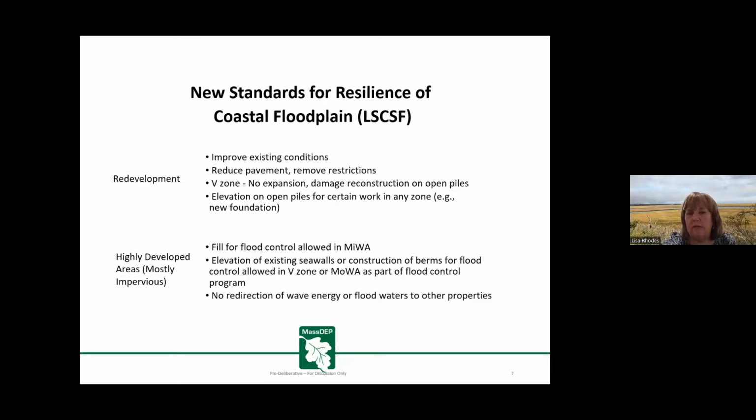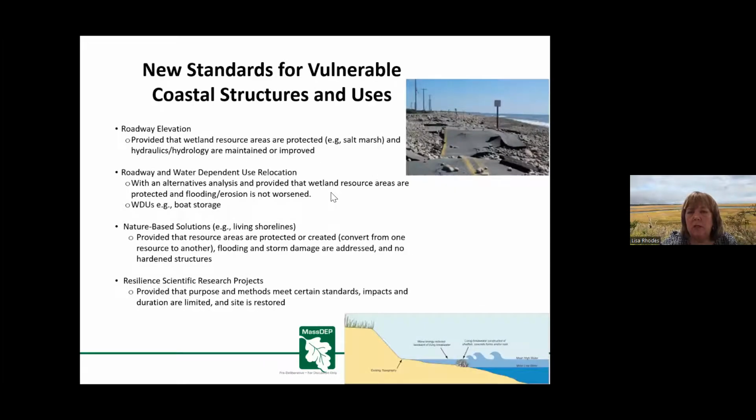That is provided throughout the regulations. And then finally, I just wanted to touch on a couple of other proposals. One is to allow roadway elevation because of the risk that many roadways have today and access in and out of the coastal zone. So the proposal is that elevation of roadways would be allowed, provided that the existing paved surface is not widened.